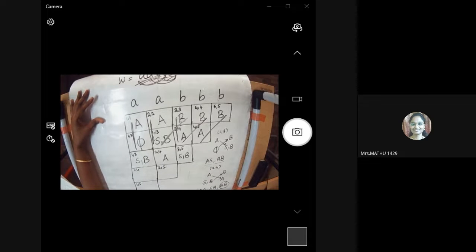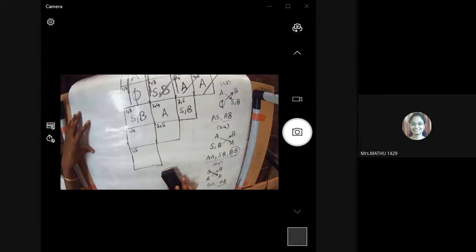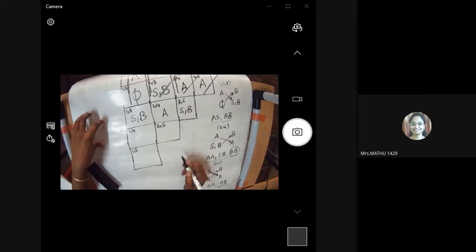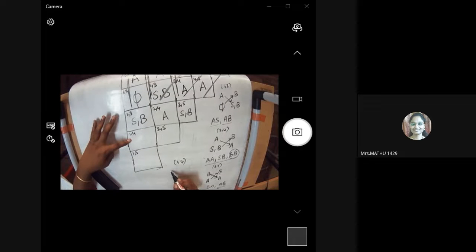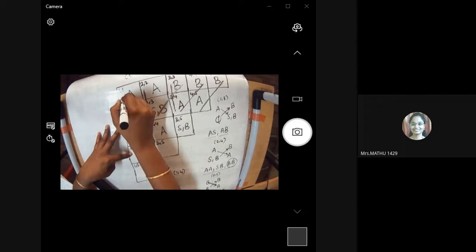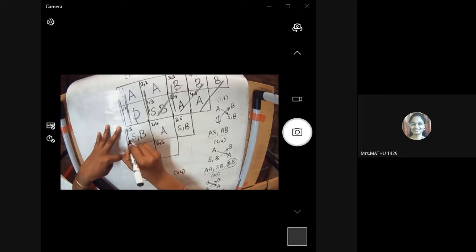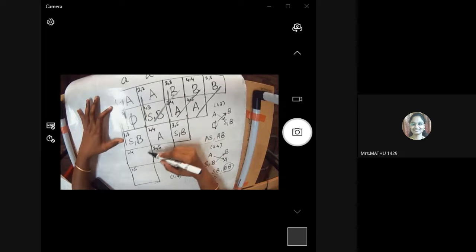Do you understand this? Can I get some response? Yes or no? Yes, thank you, ma'am. Now for finding 1, 4, the same thing. Now you have to take all the 3 cells above this and all the diagonals for this particular cell.